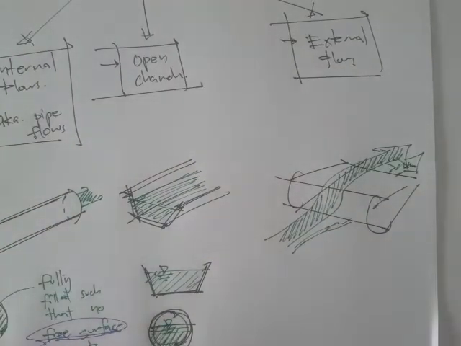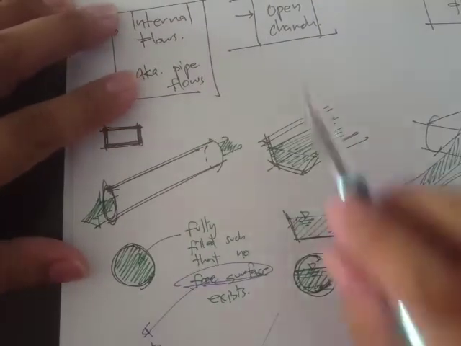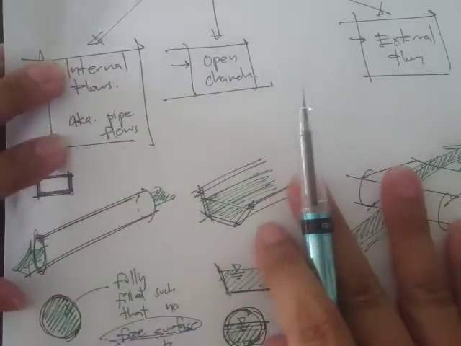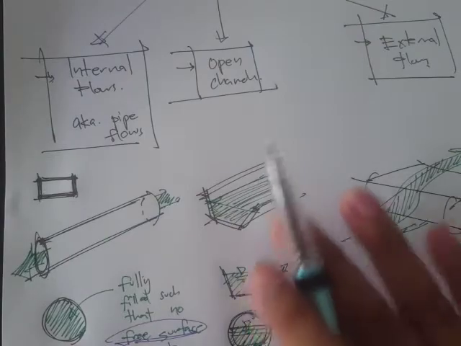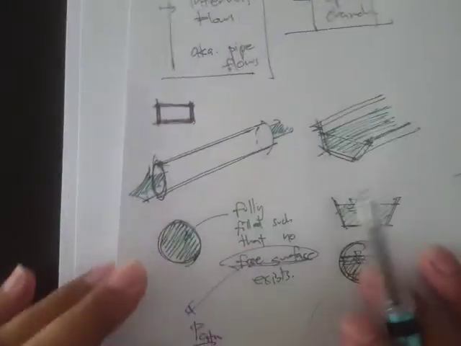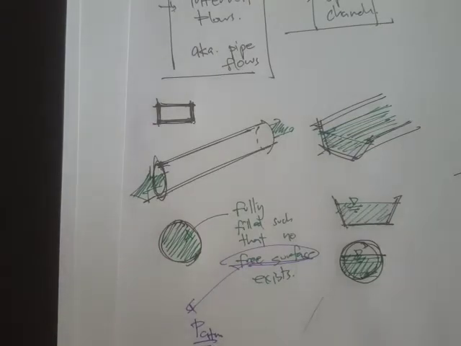So again, for fluid flows, we have the internal flows, the open channels, and the external flows. For now, in this topic, we'll just focus our discussions on these internal flows applications.